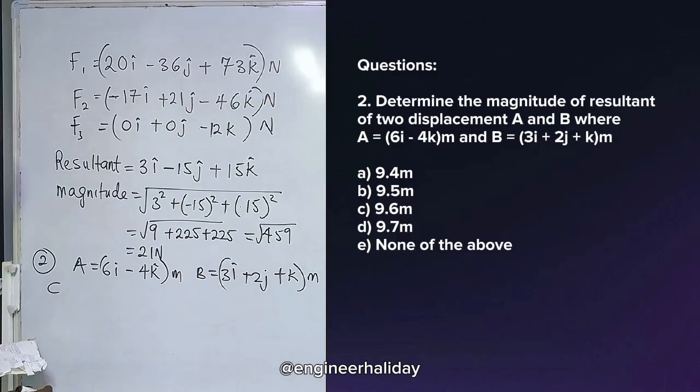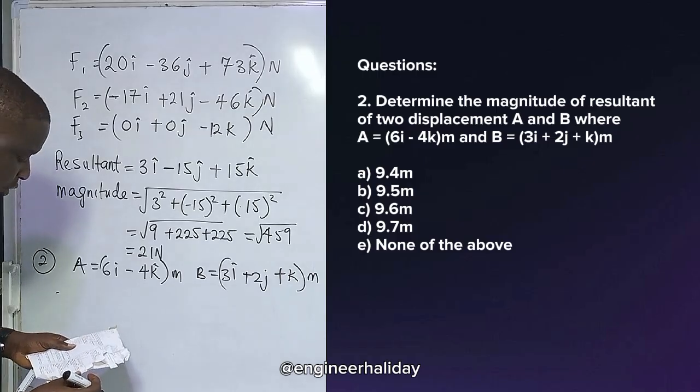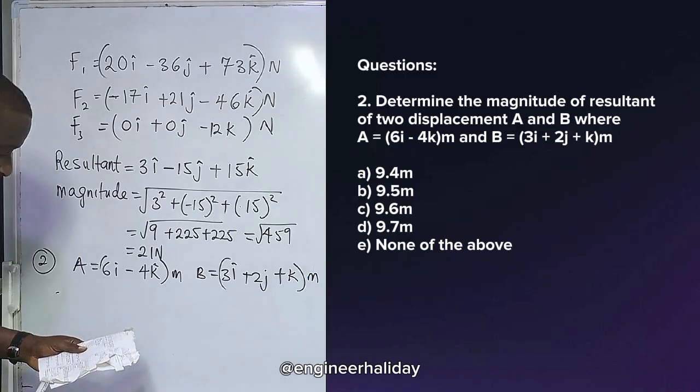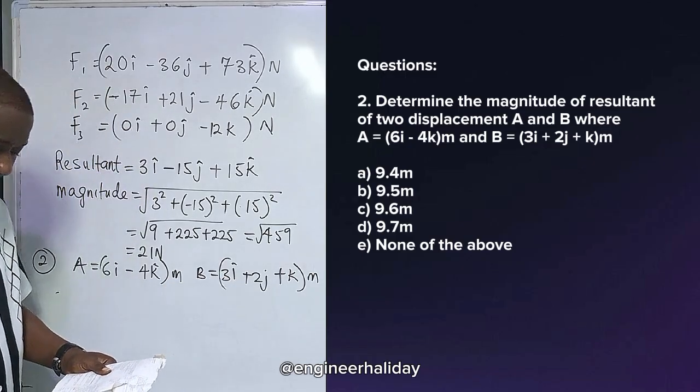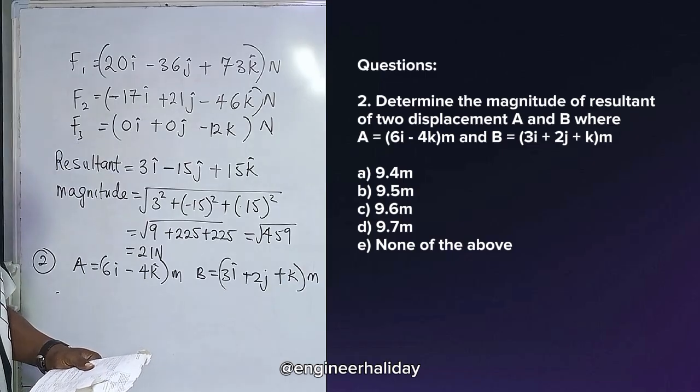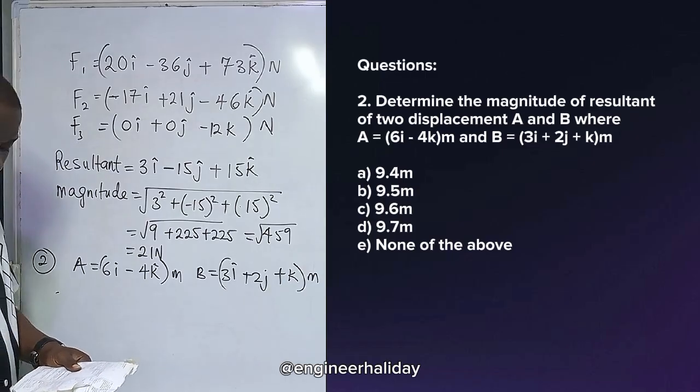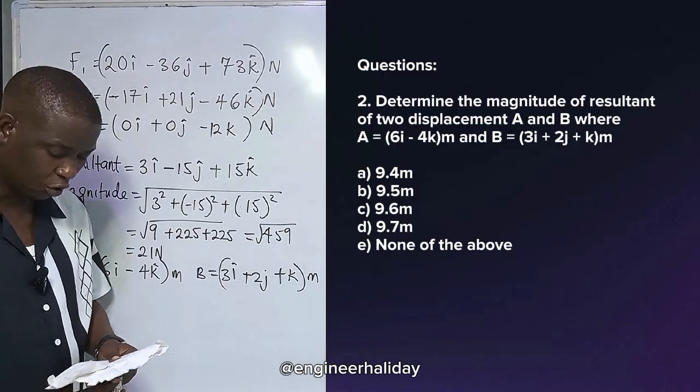We are not given C. So they say determine the magnitude of the resultant of the displacements A and B. Option A is 9.4 meter, B 9.5 meter, C 9.6 meter, D 9.7 meter, E none of the above.